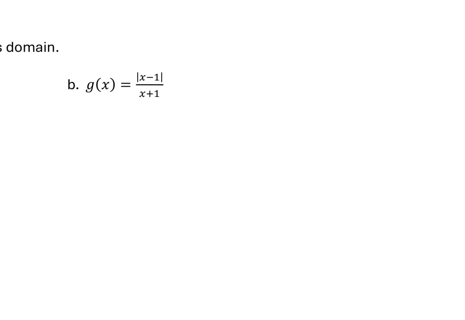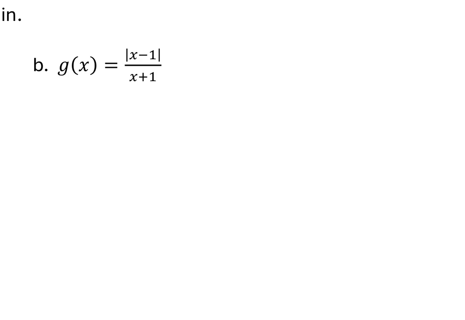Example B, we have g of x equals the absolute value of x minus 1 over x plus 1. And so the first question we want to ask is, is it a rational function? This is not rational.